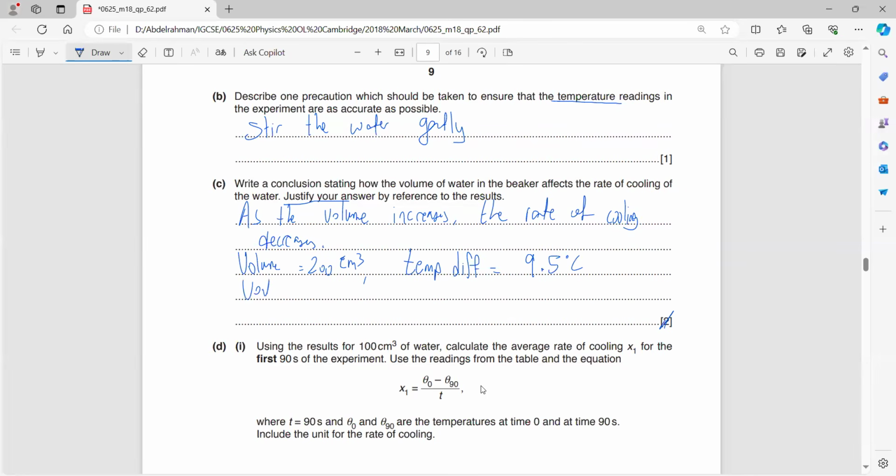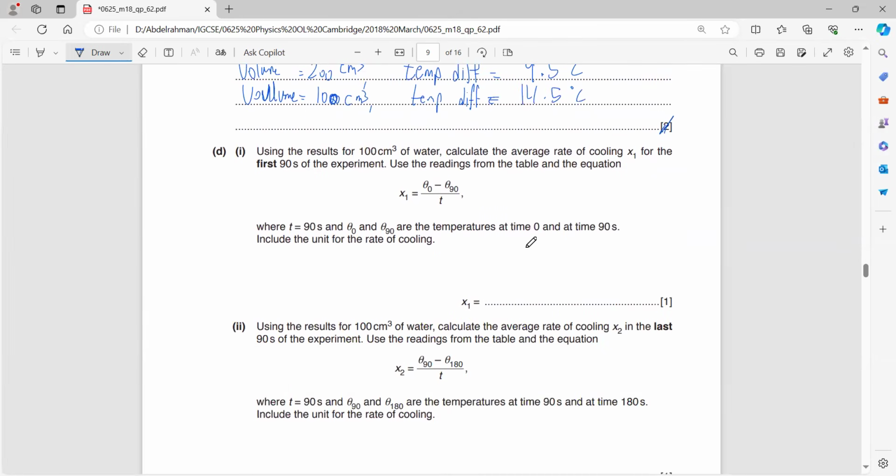When the volume was 100, not 1,000, just 100 centimeters cubed, the temperature difference was 14.5 degrees Celsius.